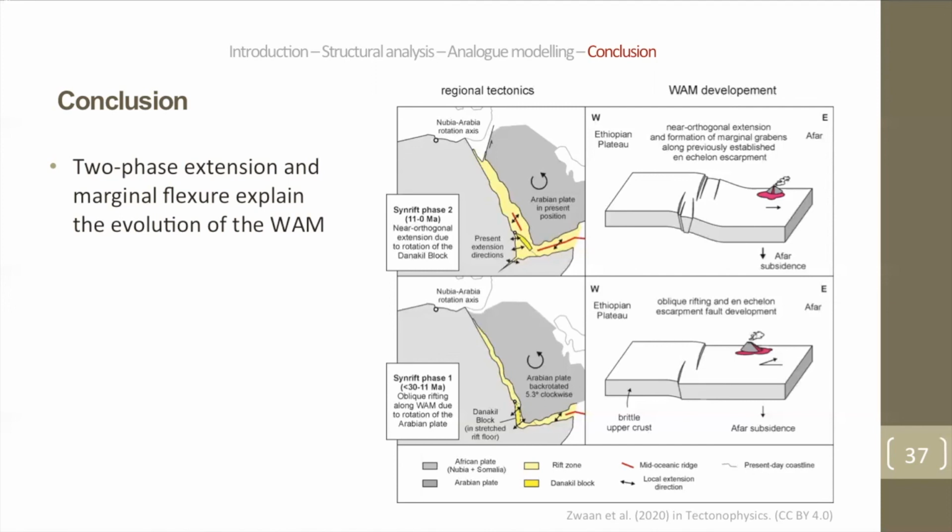And so it might be, as we've seen in our models, that you need quite a relative difference in elevation to even create marginal grabens.